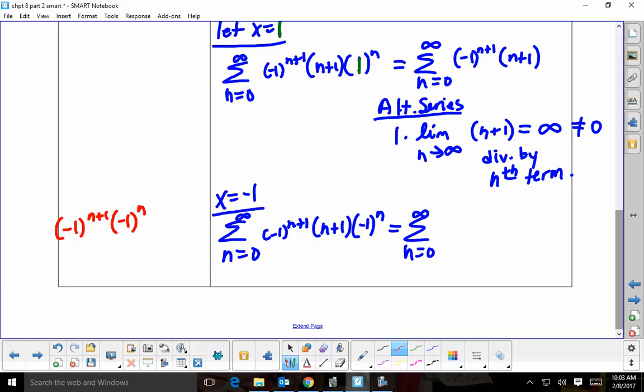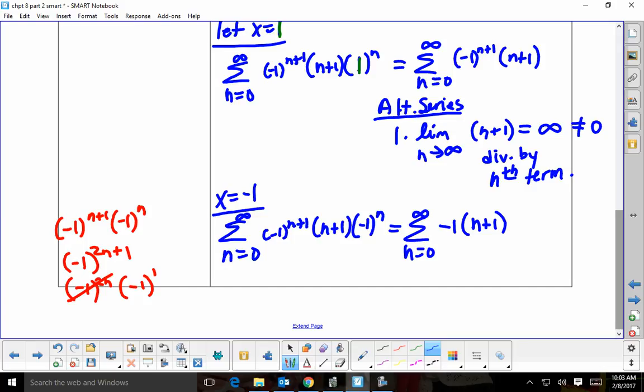That's what we have to think through. That would be the same as -1 to the 2n plus 1, which is basically -1 to the 2n times -1 to the first. What does this do? It's always going to be what if it's 2n? There's no alternating part left. All I have is -1. We practiced that a little bit in our pre-series stuff. So this is just -1 times n plus 1 when I reduce.